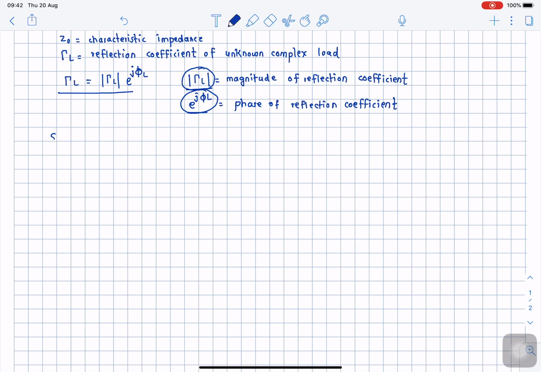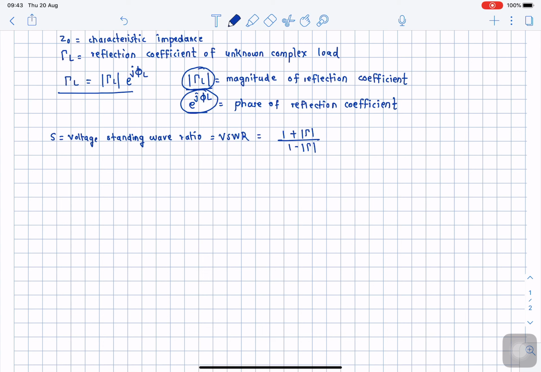If S is the voltage standing wave ratio, and we already know the procedure to measure the VSWR, then it is given in terms of the magnitude of the reflection coefficient by the formula S equals 1 plus mod gamma divided by 1 minus mod gamma.